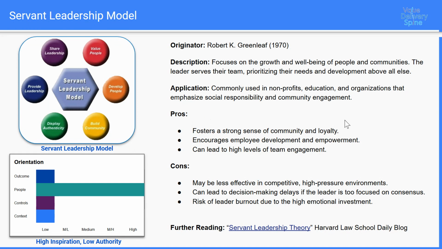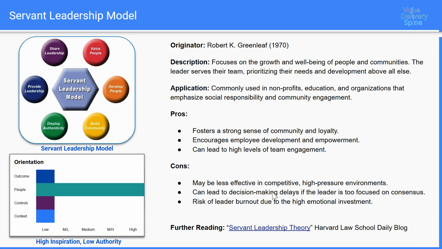Pros are it can foster a strong sense of belonging, of community, of loyalty. It will encourage development of the people within the model and lead to high levels of team engagement. But on the downside, it can be less effective in competitive and high pressure environments where you need to get to a decision, go after specific outcomes.